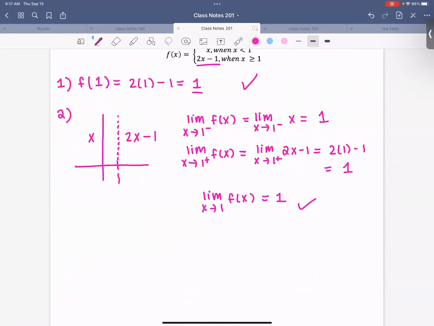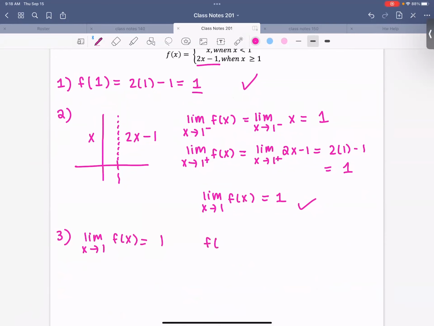Okay. All right, let's check number 3. Step number 3 says we need the limit as x approaches a of f of x to equal f of a. Is that true? Yeah, right. The limit as x approaches 1 of f of x was 1.